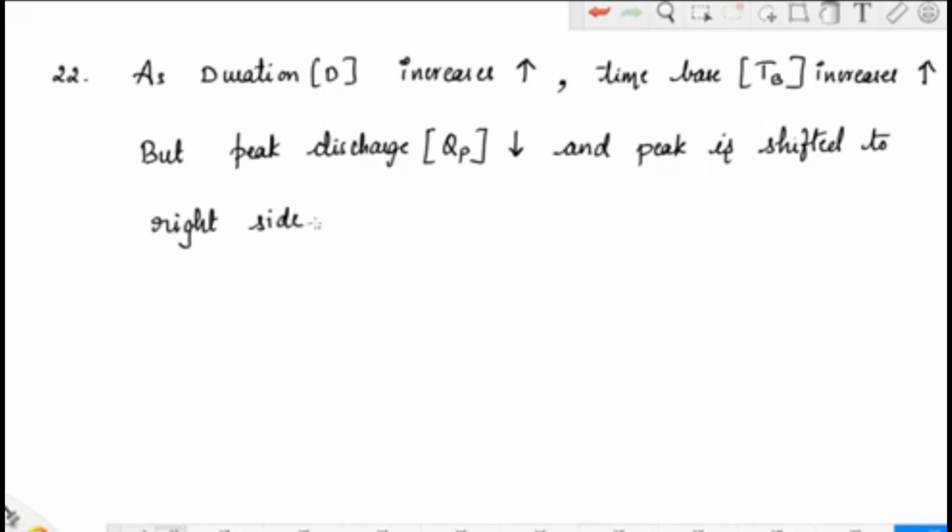I hope so you remember this point. So same thing, opposite also you can write completely.